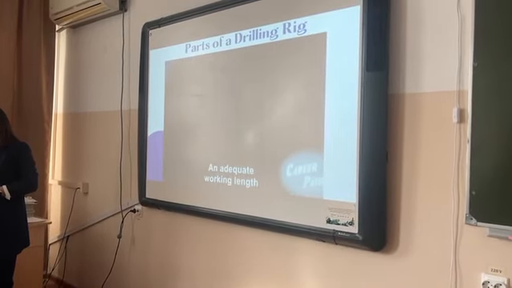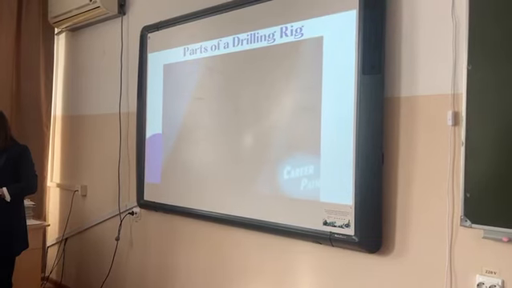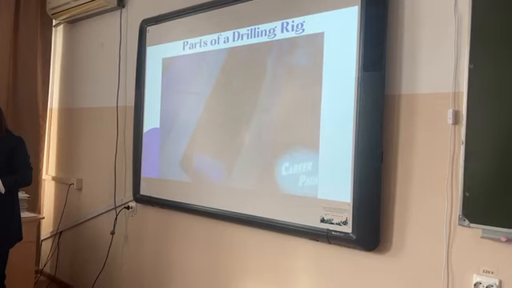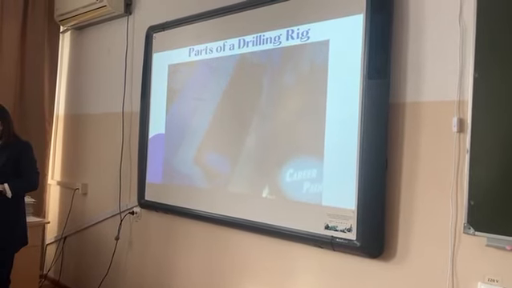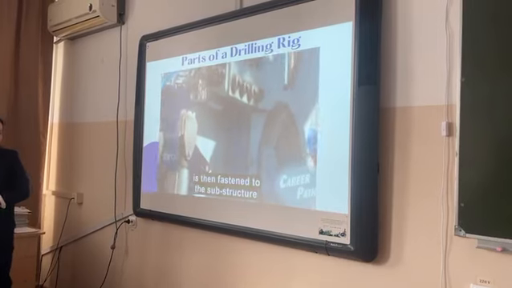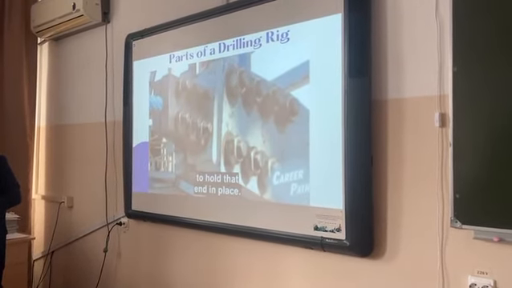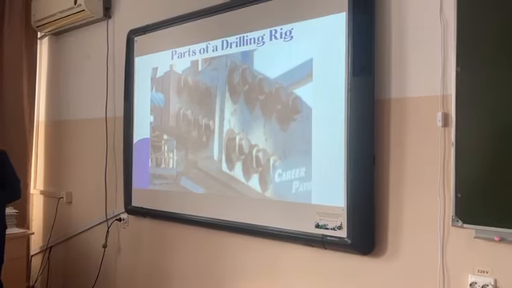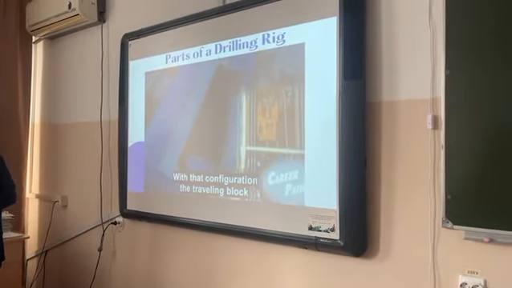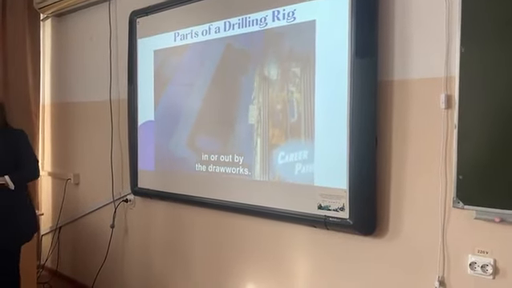An adequate working length is reeled onto the drawworks drum. The supply reel end of the drilling line is then fastened to the substructure with a deadline anchor to hold that end in place. With that configuration, the traveling block will move up or down as the drilling line is reeled in or out by the drawworks.